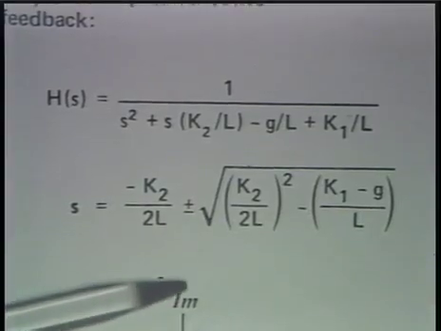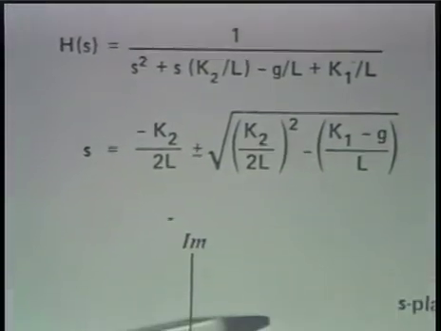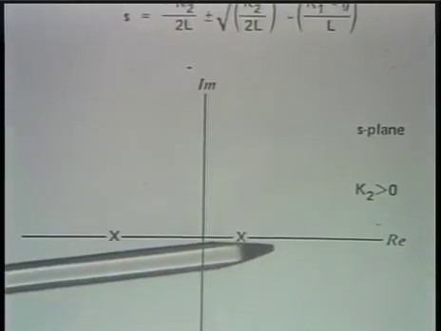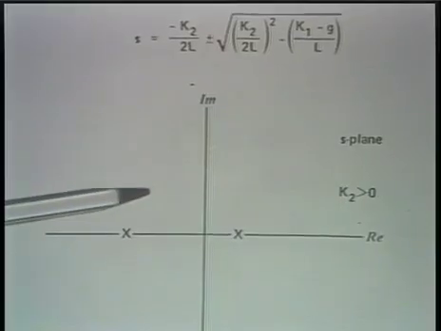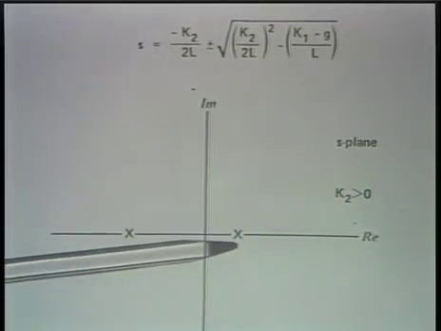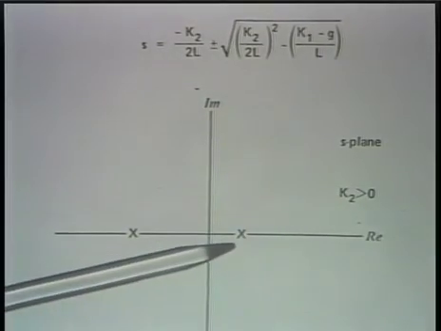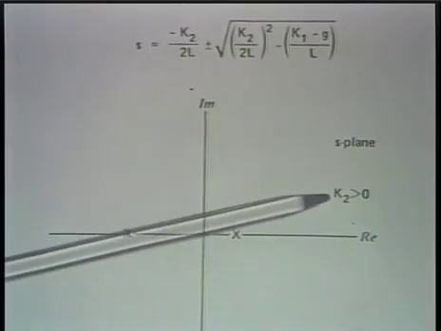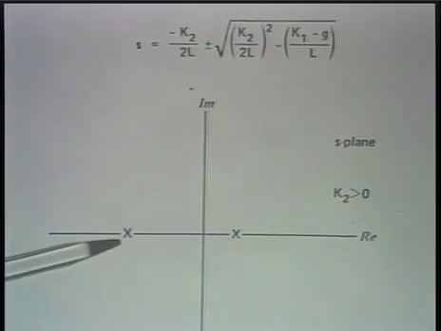So with k2 greater than 0 and k1 equal to 0, we have a set of poles which are indicated here. This is just a slight shift to the left of the open loop poles, depending on the value of k2.